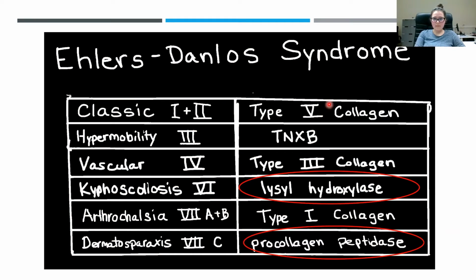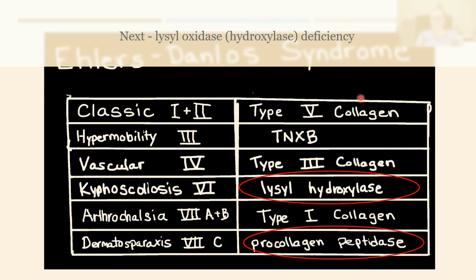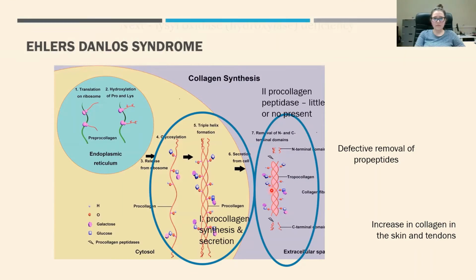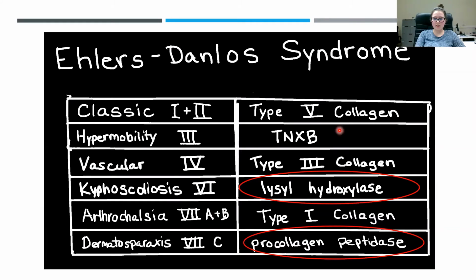So there are many Ehlers-Danlos types. We just talked about defective procollagen peptidase.